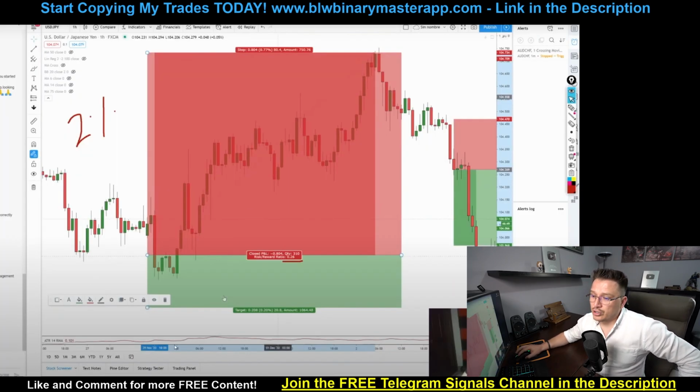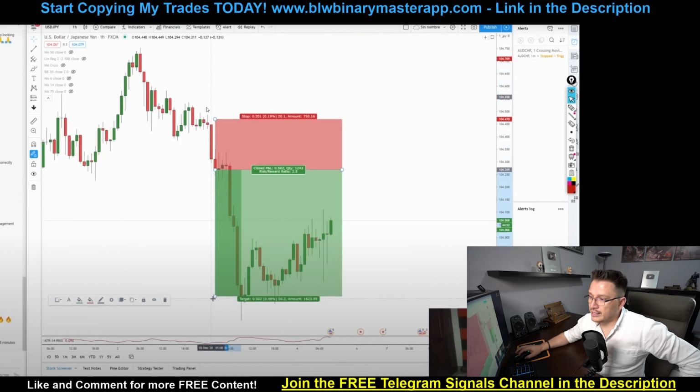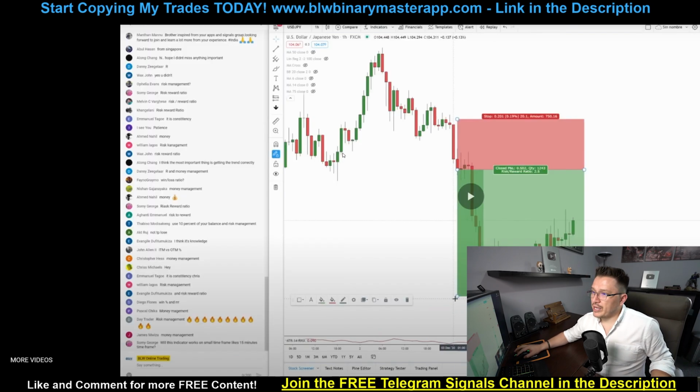Does that make sense? So what you actually need to look at is the risk ratio. If this indicator is giving you a risk ratio of 5, that basically means that if you risk 1% on your stop loss, you're going to make 5% in return. So if you risk $100 per trade, you're going to make $500 if you win it. If you are trading with $10 per trade, you're going to make $50 per winning trade. So it really does depend on that.